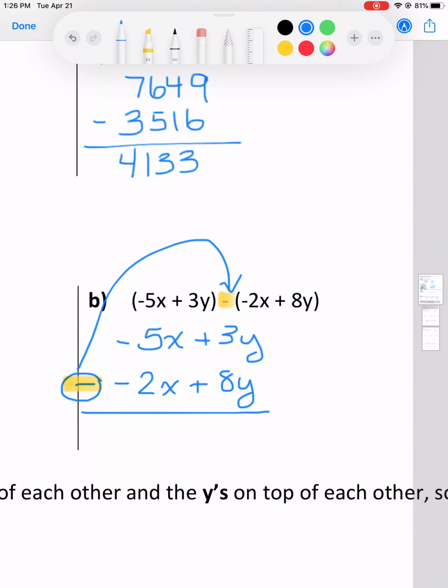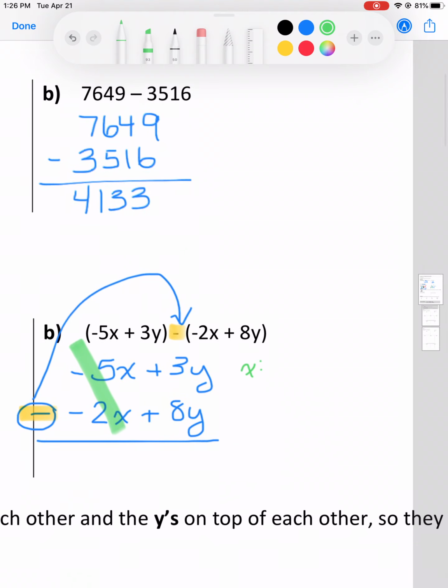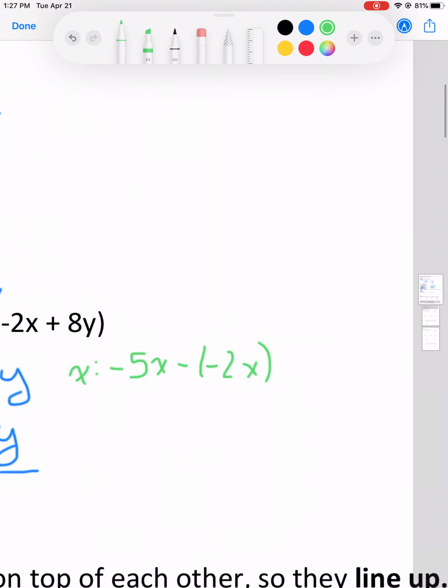I'm going to line up my x's first. Let's get some colors going. I'll do my x's in green. So for x, I have negative 5x minus negative 2x. Again, you don't have to do this. If you're able to do it without, that's great. This is just more time.